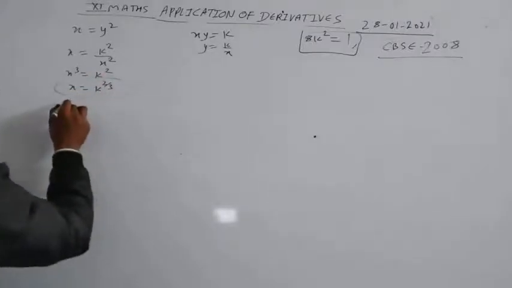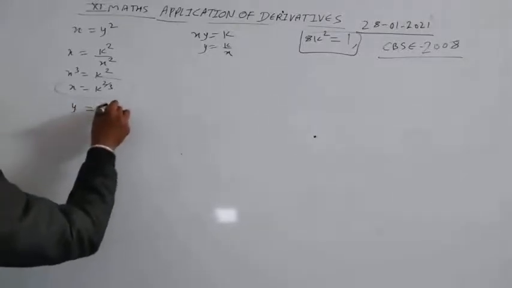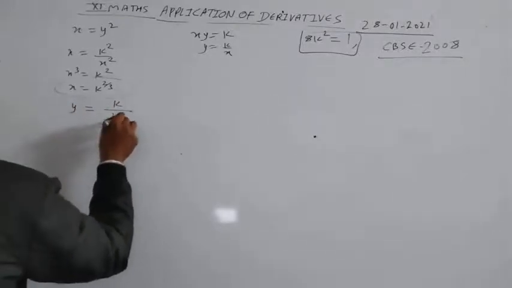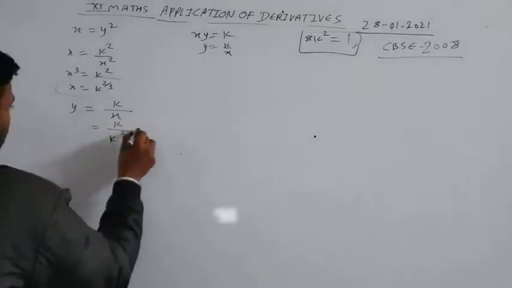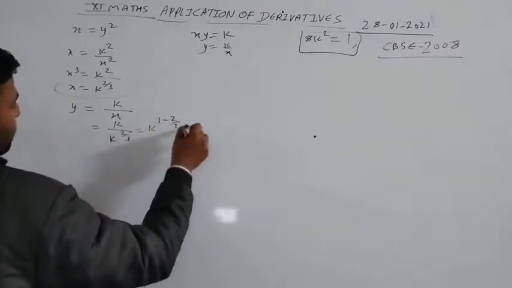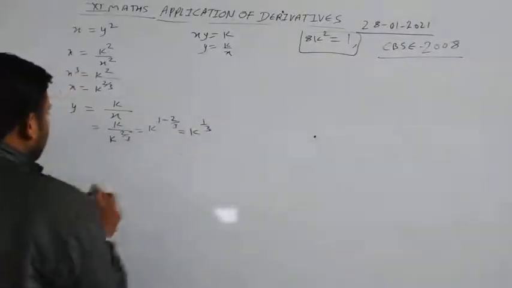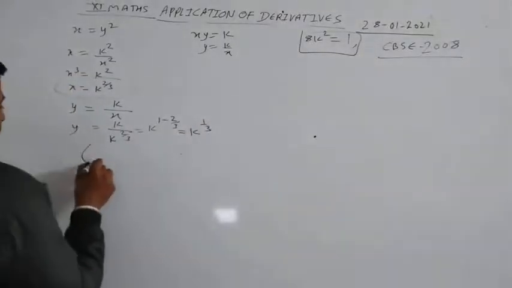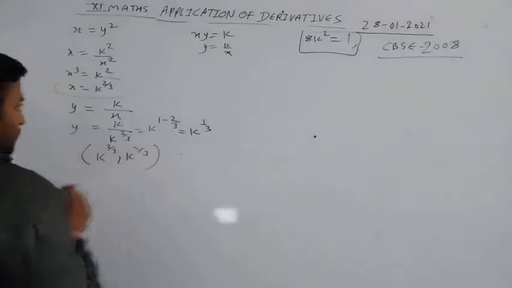Now y = k/x, so k/x is k^(1 - 2/3), so y = k^(1/3). So, student, our point is (k^(2/3), k^(1/3)).